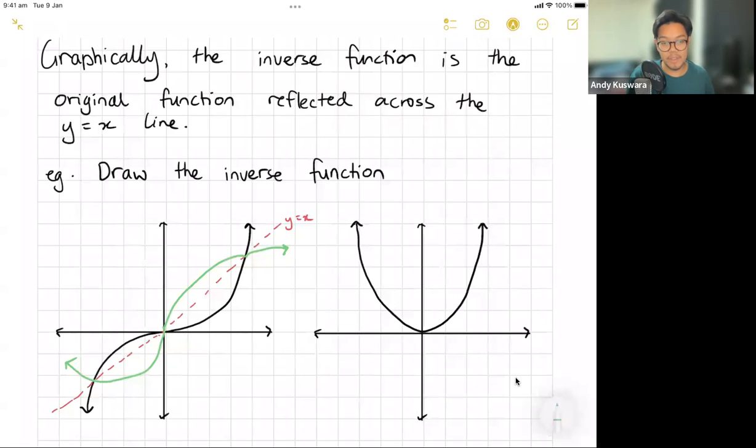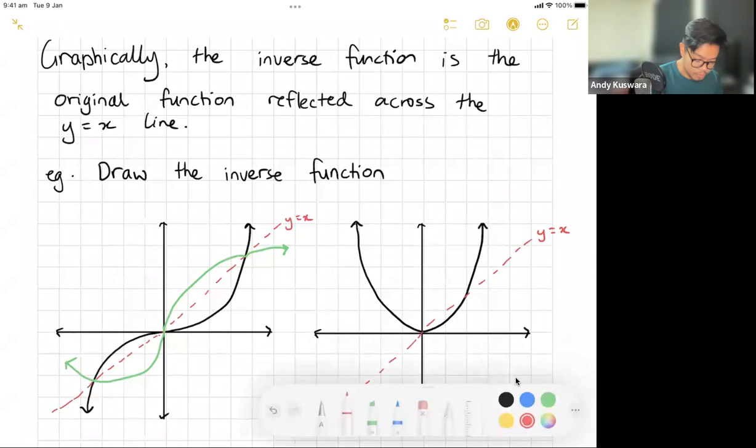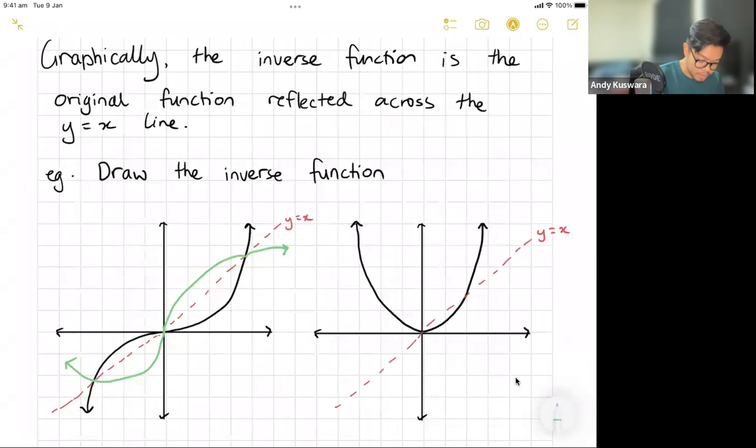Something like that. And again, if we had a parabola, let's take a look. This one's going to be a little bit trickier because there's a little bit more going on, but I'm going to do my best to. There's your y equals x line. So we draw that in, and I need you to imagine that we're kind of flipping it over or reflecting it. So I'm just going to start with what I can see already. I can see that part there.